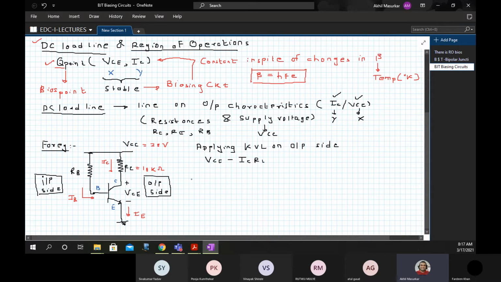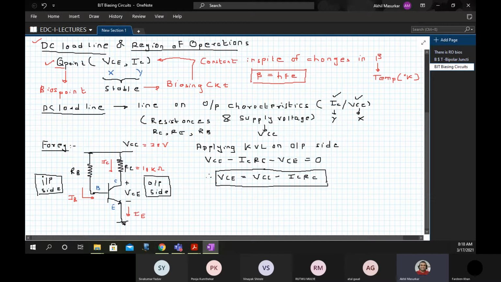Then we have a voltage drop VCE, going from positive to negative, so minus VCE is equal to 0. Finally we have a ground loop. From this we can simply write VCE is equal to VCC minus ICRC. So this is one equation.